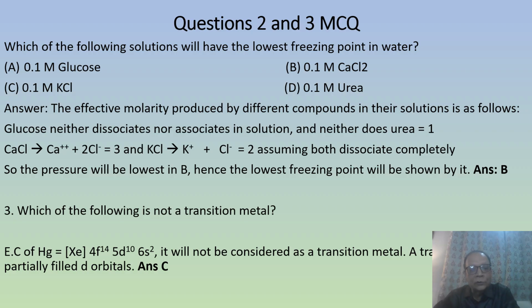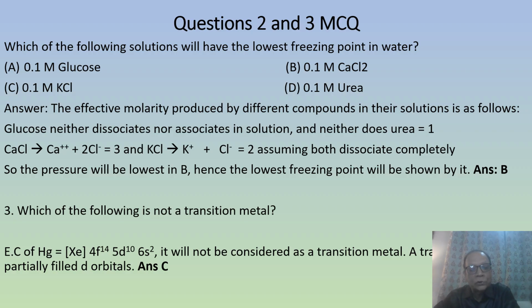Which of the following is not a transition metal? The answer is C, because Hg, though it is kept in D block, has an electronic configuration of xenon. Outside xenon, it is 4f14, 5d10, and 6s2.